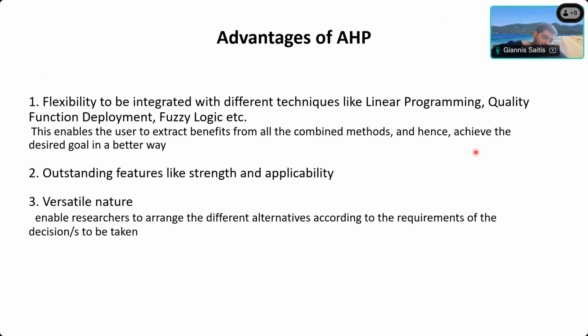Also, you can integrate different methodologies like programming or fuzzy logic if you want to make more complicated pairwise comparisons or many comparisons at the same time. So you can broaden it a little bit and make it more mechanistic.